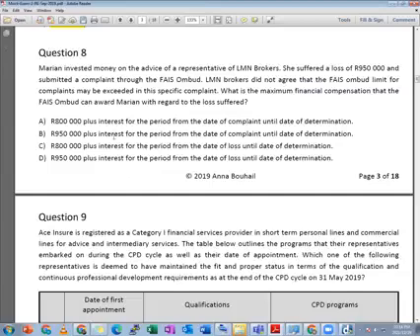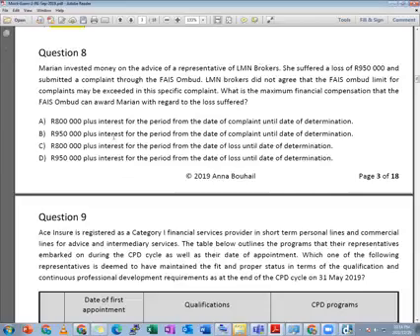Question 8. Marian invested money on the advice of a representative of LMN brokers. She suffered a loss of 950,000 and submitted a complaint through the FAIS Ombud. They did not agree that the FAIS Ombud limit for complaints must be exceeded. We said that the FSP can exceed it only if they agree to do that.